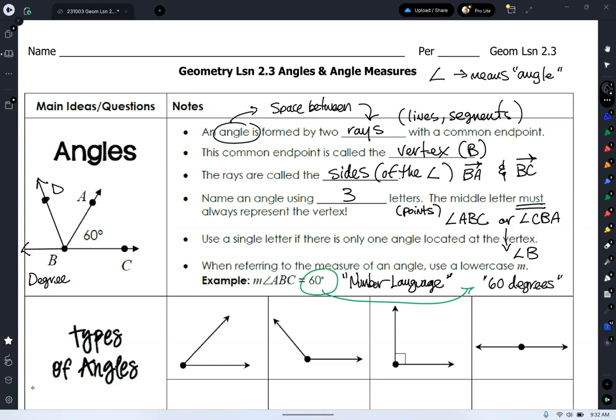A degree is a unit of measure around a circle. So a degree is a unit of measure around a circle.